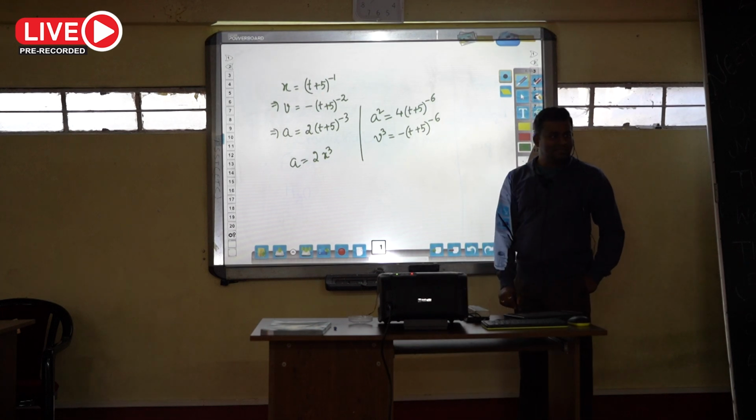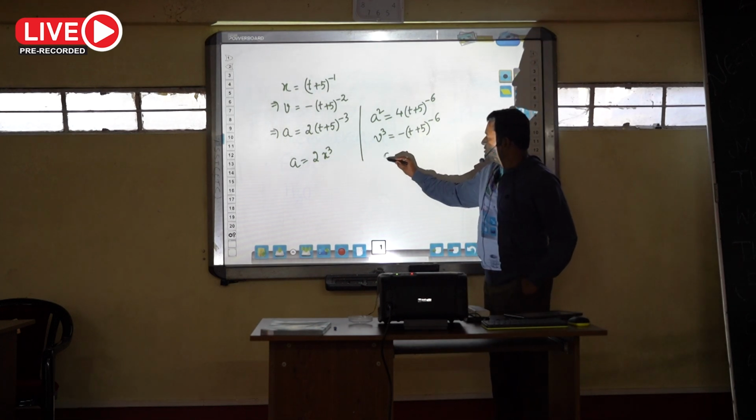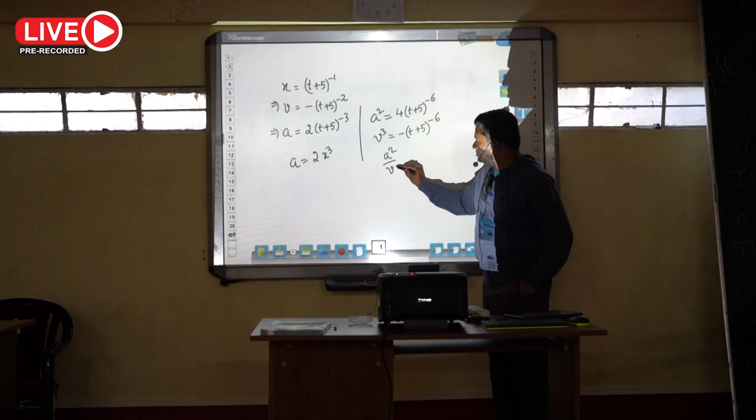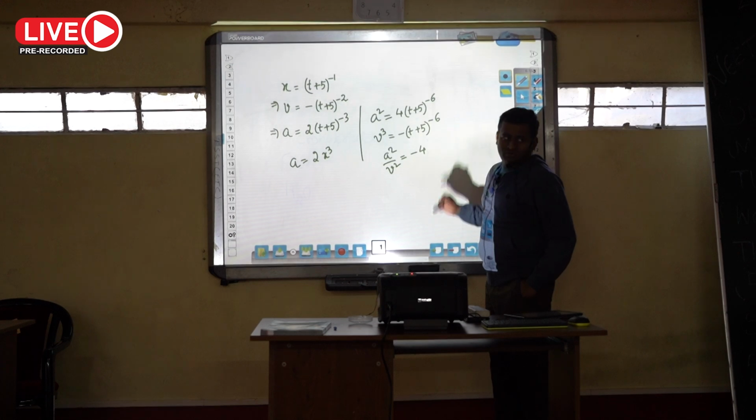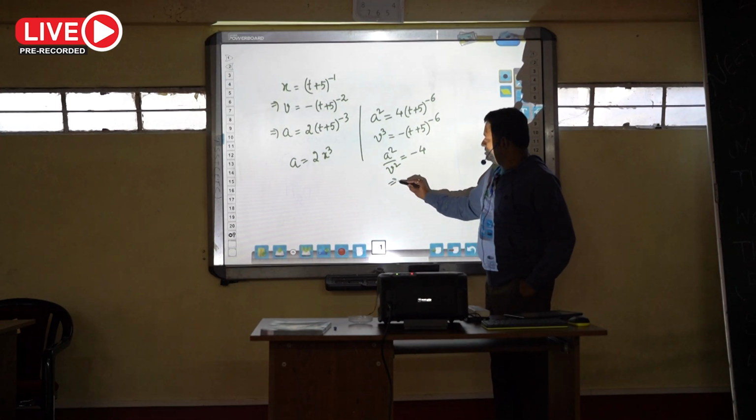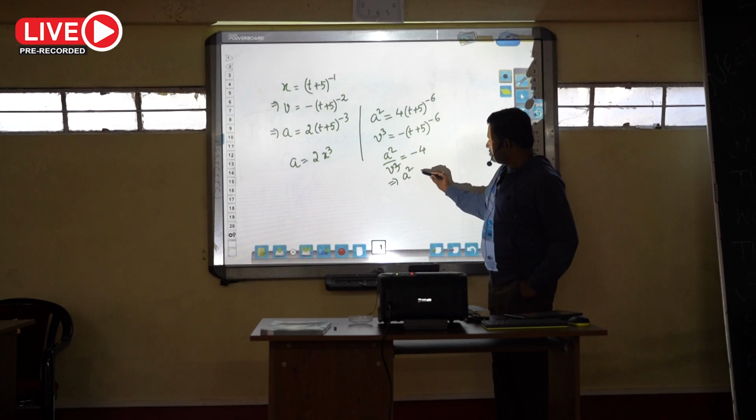Now you can eliminate, a square by v cube, that is coming constant.